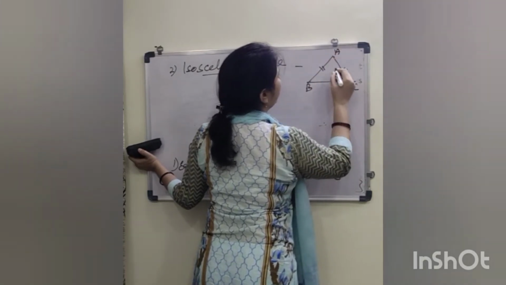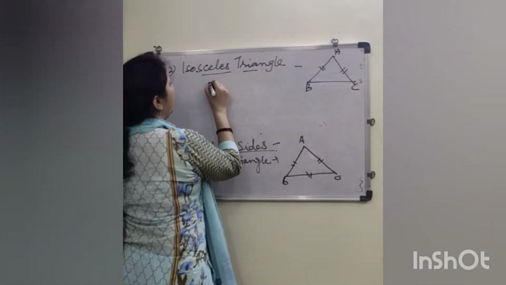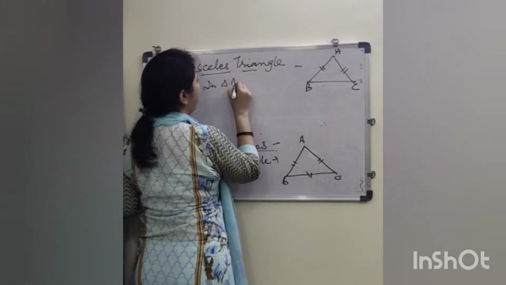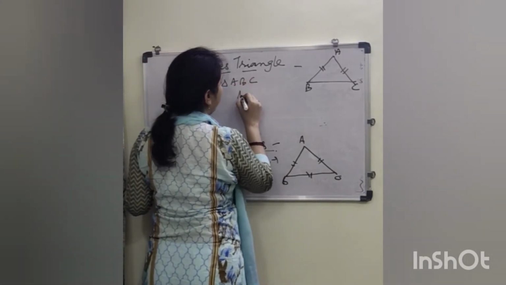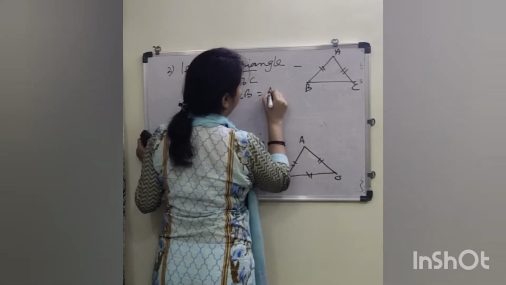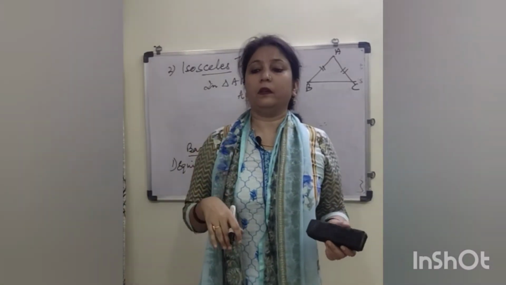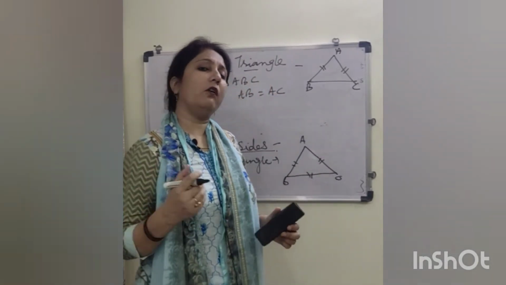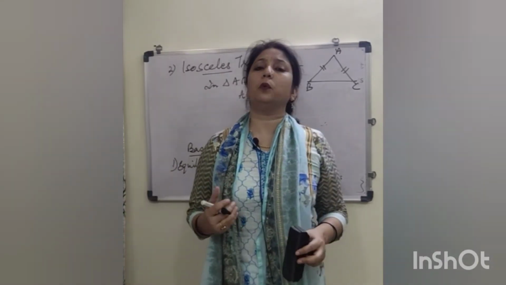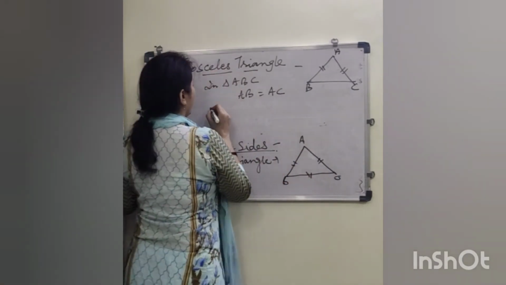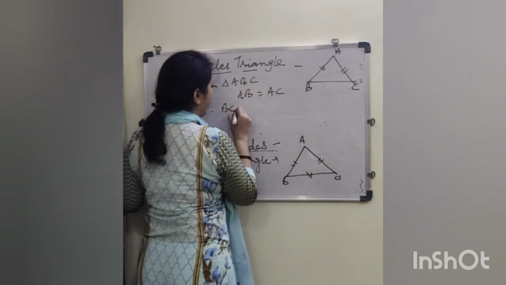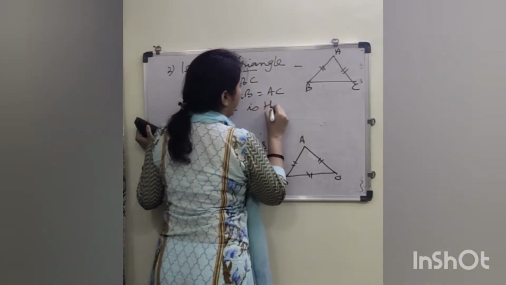In this triangle ABC, we have AB is equal to AC. The unequal side is known as base. The unequal side of isosceles triangle is known as its base. Therefore, BC is the base.